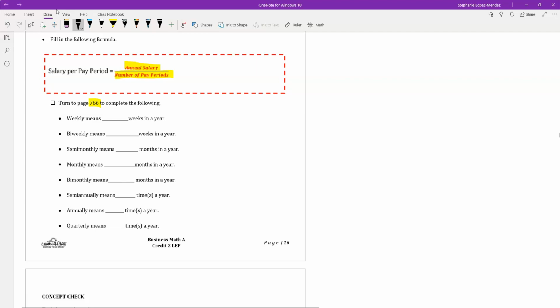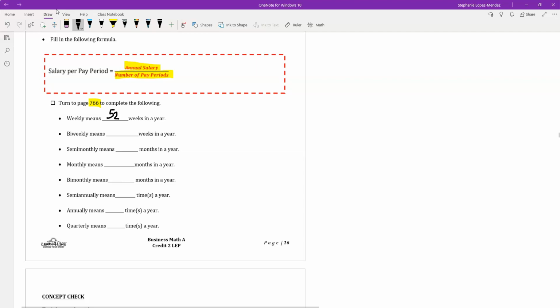So for the weekly, that means that you could get paid every week. If that's the case, you will get paid 52 times, since there are 52 weeks in a year according to the calendar. And then we have bi-weekly.